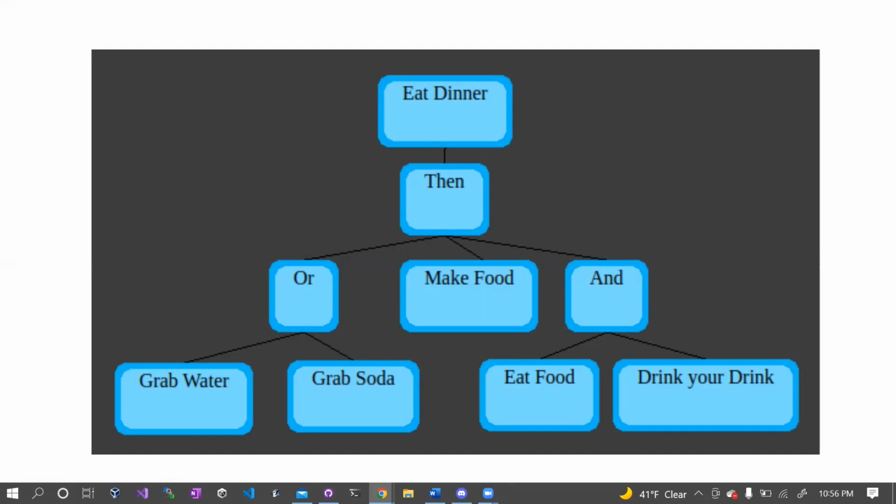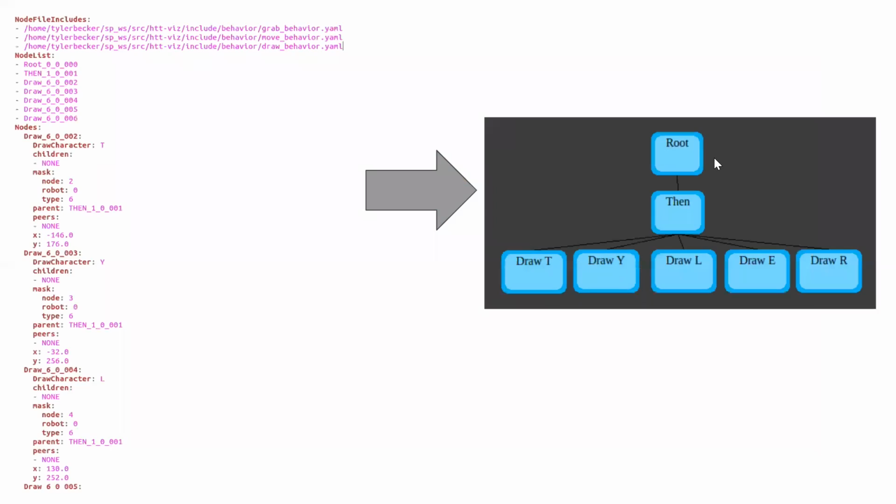So the reason we created HTT-Viz was to prevent users of HTTs from writing these long description files on the left. What was frustrating before was any mistakes in these description files would cause unforeseeable bugs that would appear when running these trees on the architecture itself.